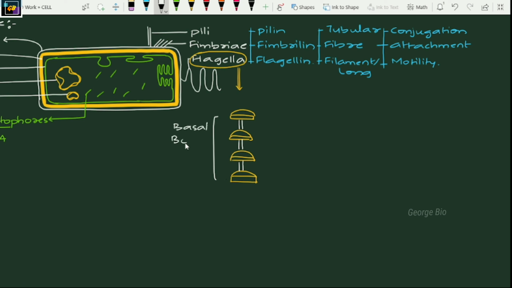This one is connected to the muzzle piece, or hook, and over the top it consists of a filament.